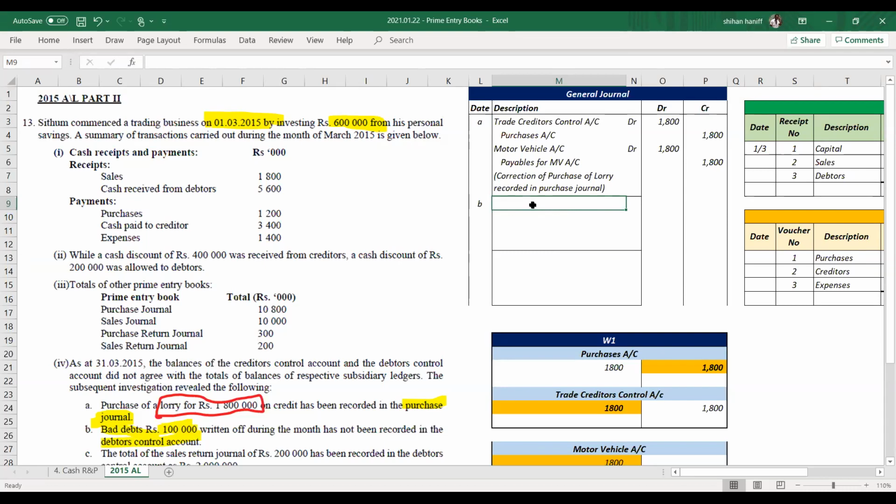Bad debt is an expense, therefore expense account debit. Debtors control account will be credit. Debtors will reduce. So bad debt account debit 100,000, debtors control account credit 100,000.